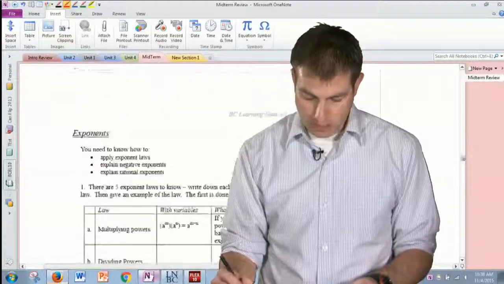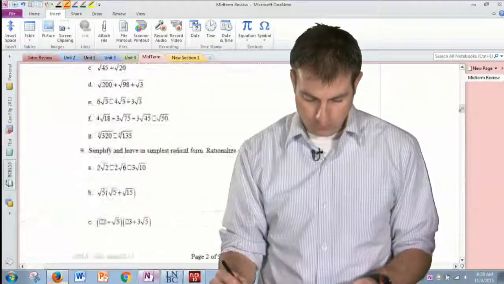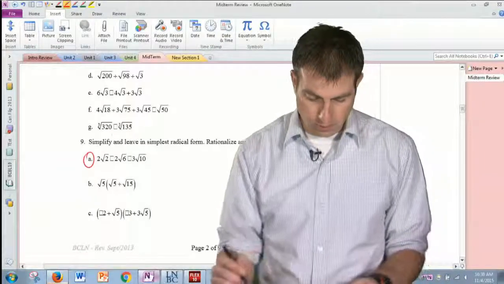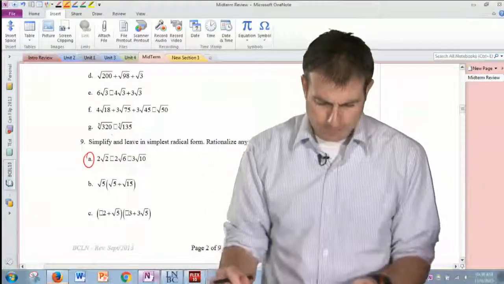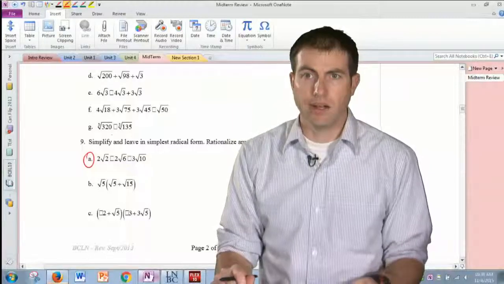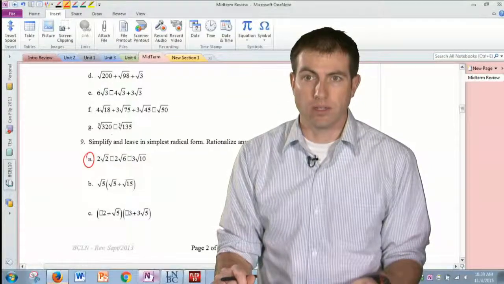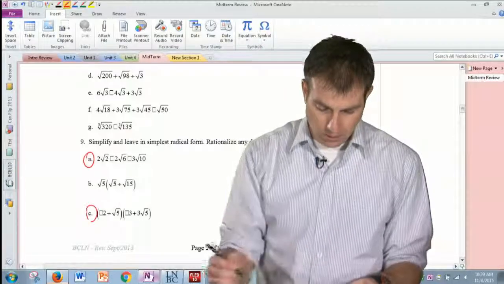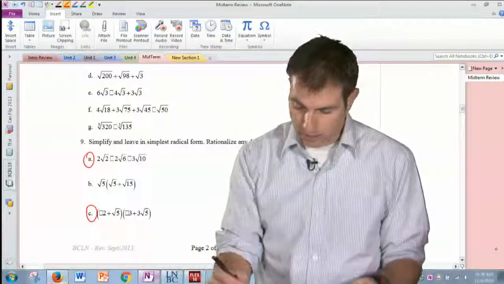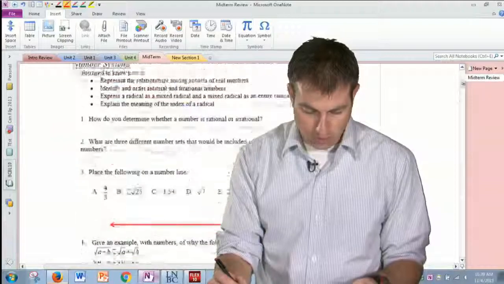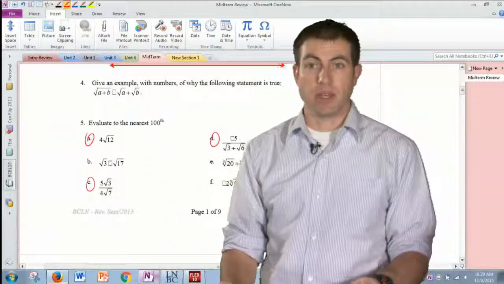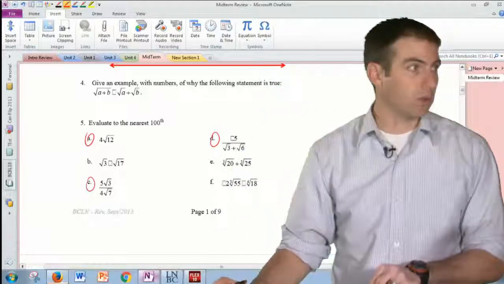So page 2, number 9A. That's a bit of a problem. Even mine's not formatting correctly. And simplifying radicals, A and C. I'll get started with those, and if anybody wants to put in anything else as we go along, I'd be happy to go through that.